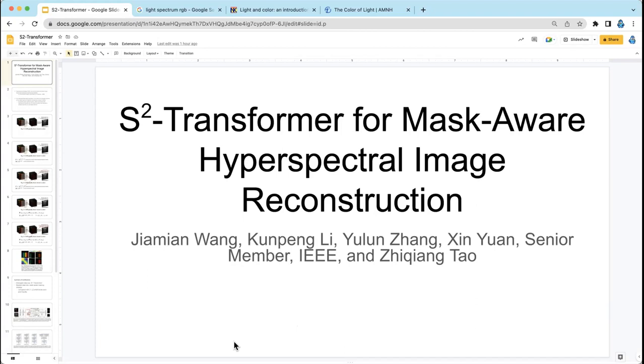As you know, recently there are lots of transformer papers, and you wouldn't be surprised if researchers try transformers for hyperspectral image reconstruction.